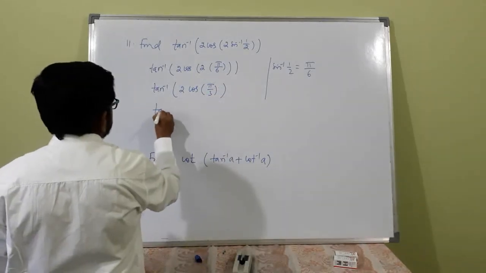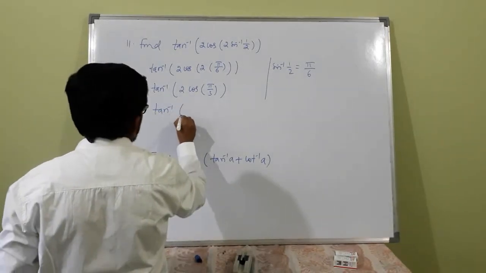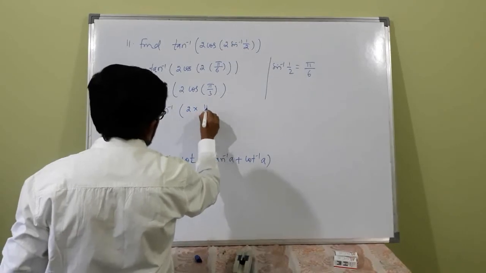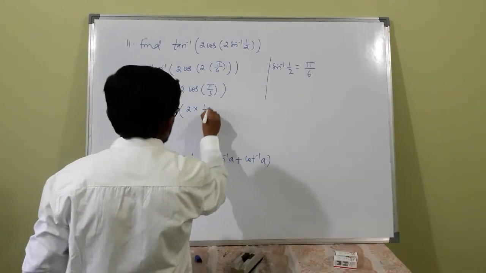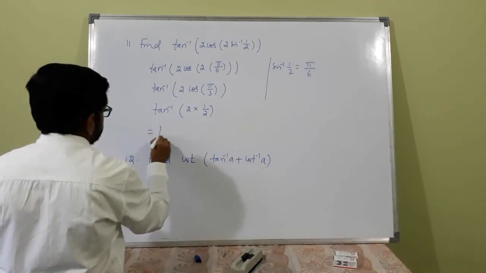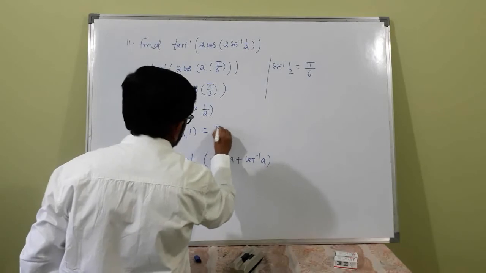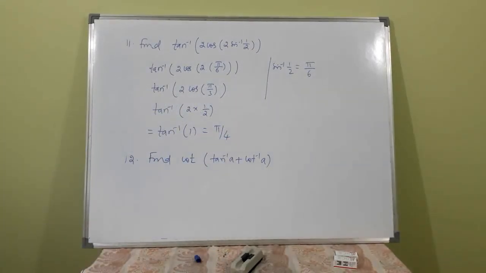Cos 5 by 3 is half, so tan inverse of 2 times half, that is tan inverse 1. This is nothing but 5 by 4. So the value of that expression reduces to 5 by 4.